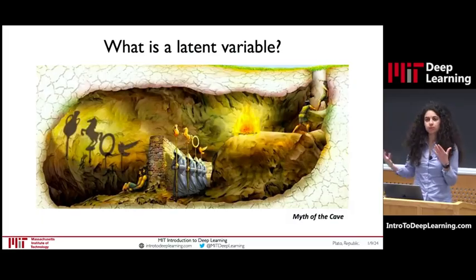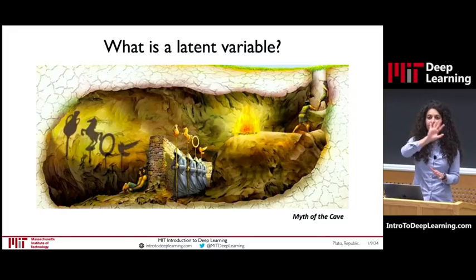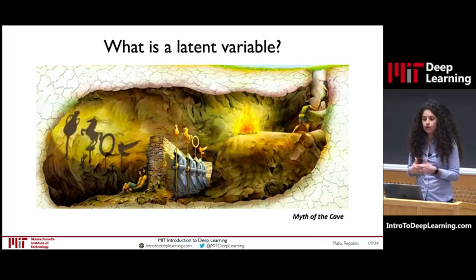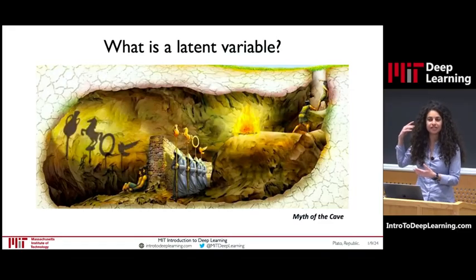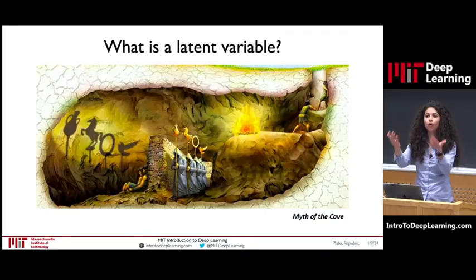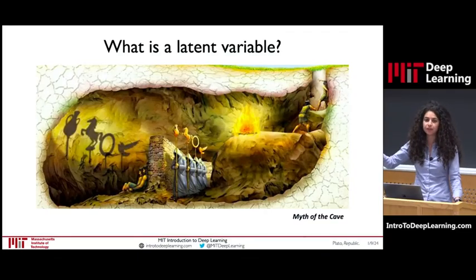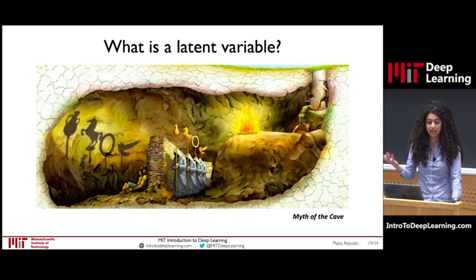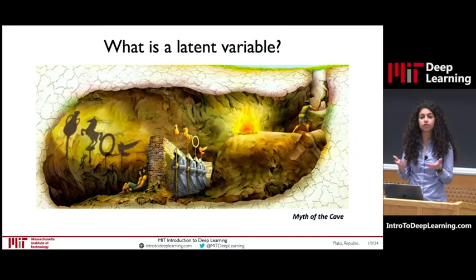They are forced to only observe things that are projected in front of them on the wall. What they're seeing are shadows of objects that actually exist behind them, and they only see the shadow projection that appears on the cave wall. To the prisoners, these shadows are their reality. They're the only things that they're observing.